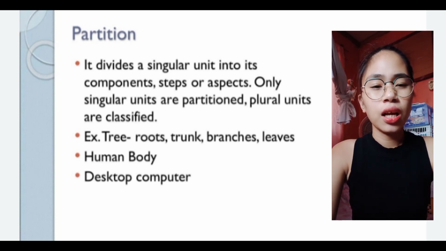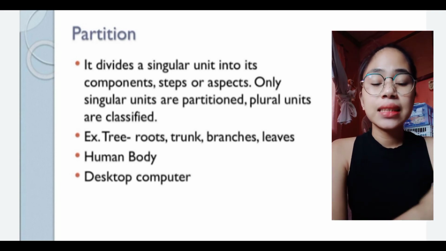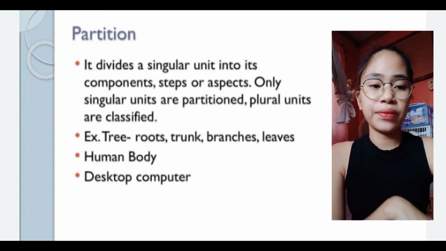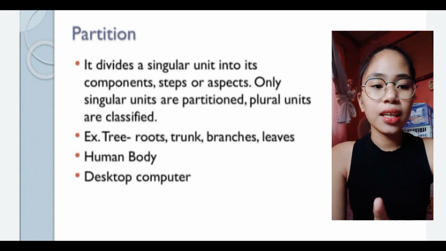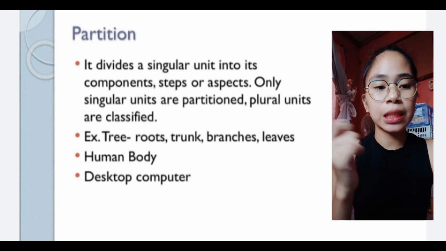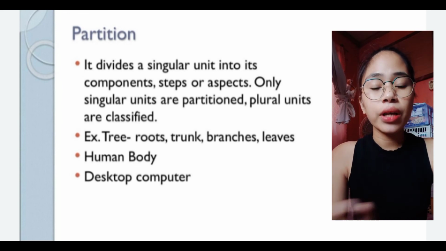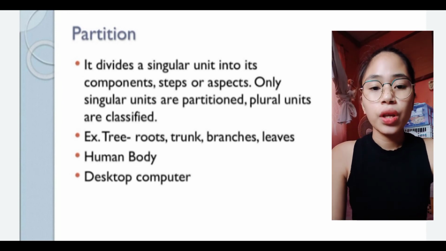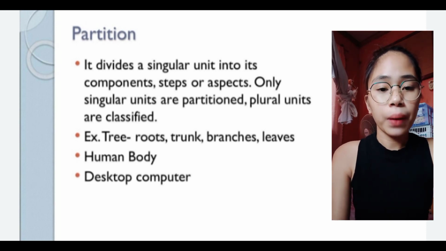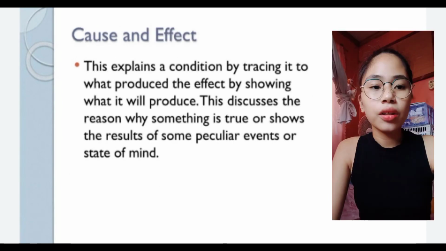So, partition is the act of dividing things into their component parts, very similar to classification, and an inevitable part of mechanism description and process description. Partition could be spatial, how each part looks, or functional, how each part works. So, that is partition.